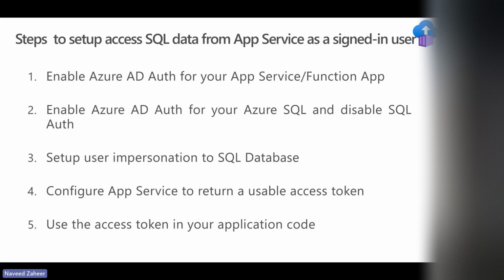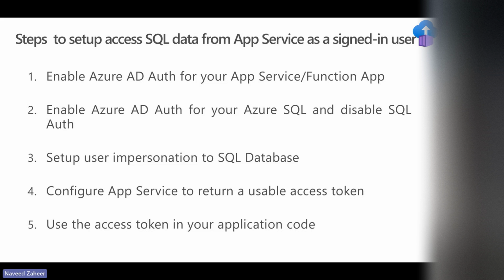That's a key requirement. Third, you need to make sure that your app service principal, which is created as a part of your app using Azure AD Auth, has access to your Azure SQL to request the token.